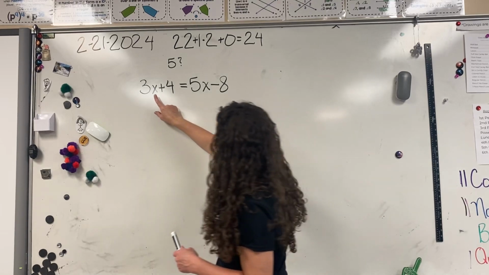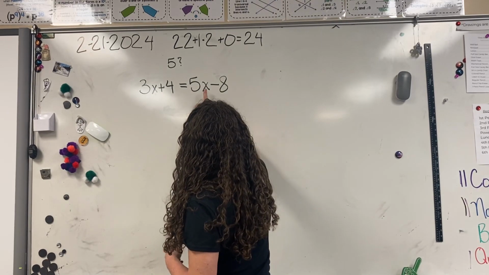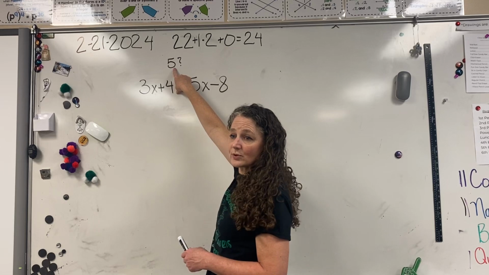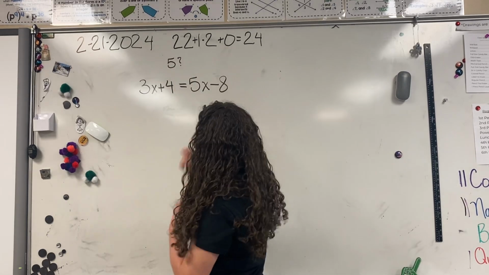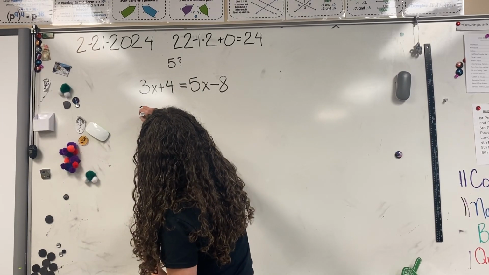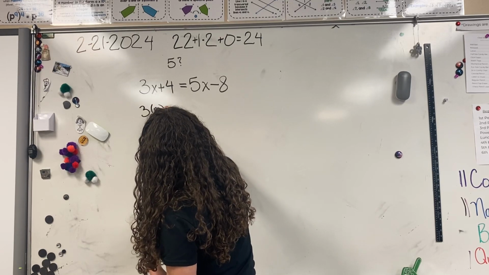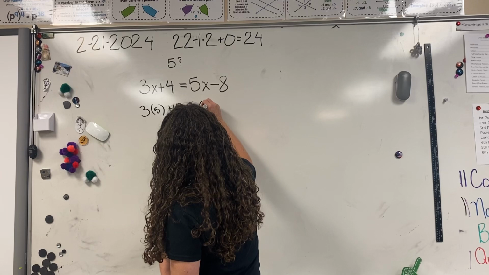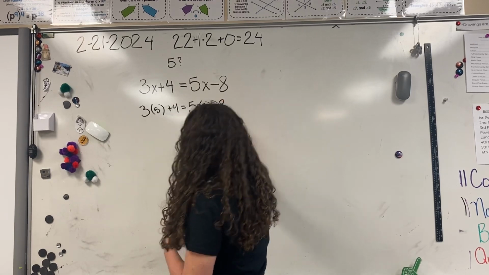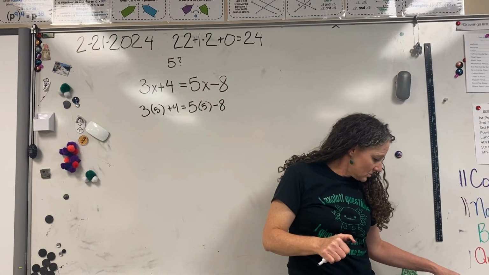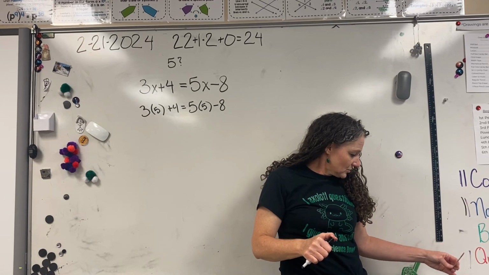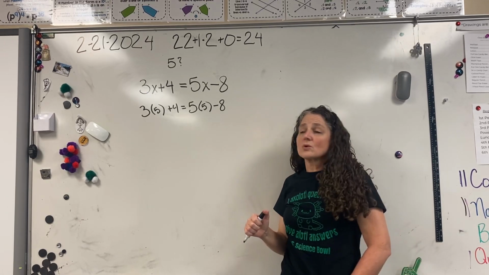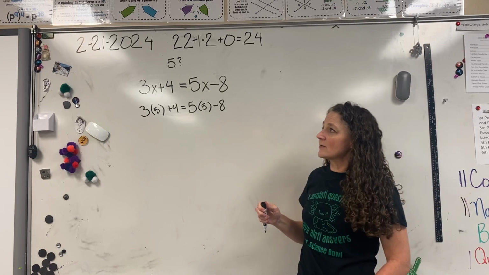So everywhere I see an x, I'm going to put a 5, okay? So I have 3 times 5 plus 4 equals 5 times 5 minus 8. Now, Royce, what does order of operations tell me to deal with first?